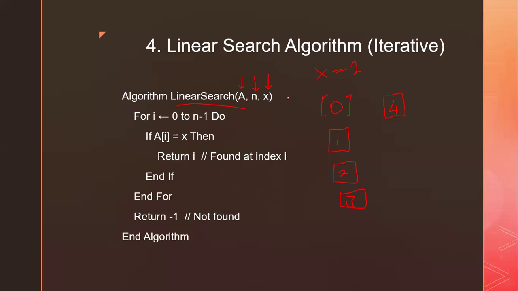Then if it finds it, it returns the index. So we end our if statements, then end for, then return -1 if it's not found. That's basically how a linear search algorithm works.